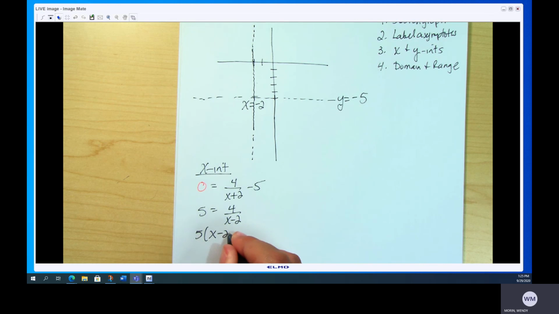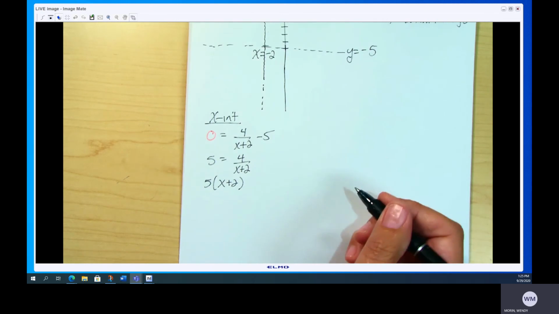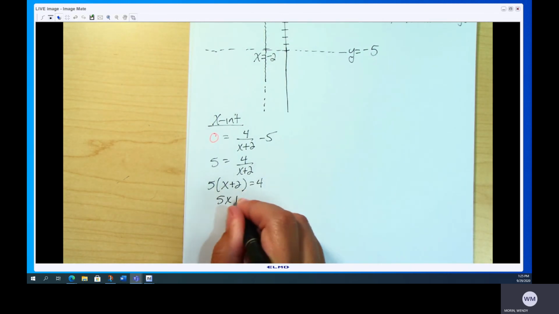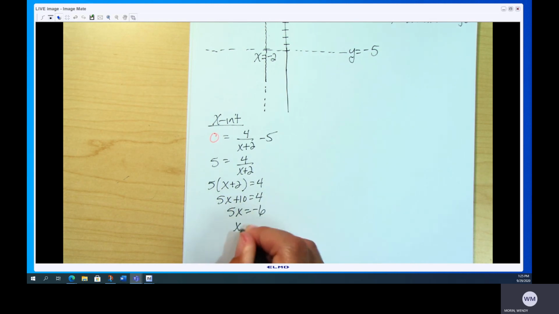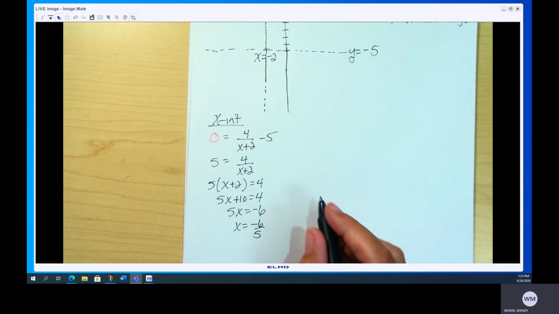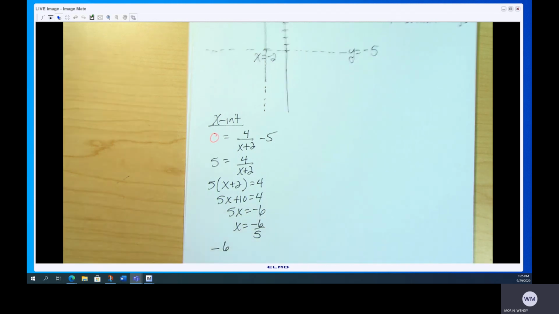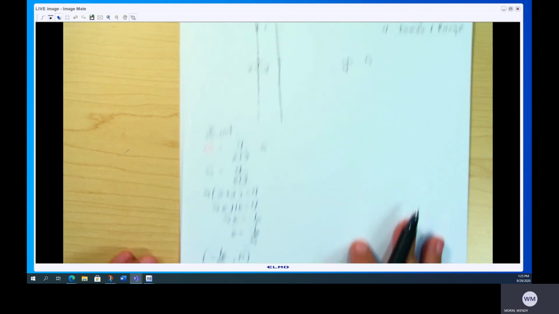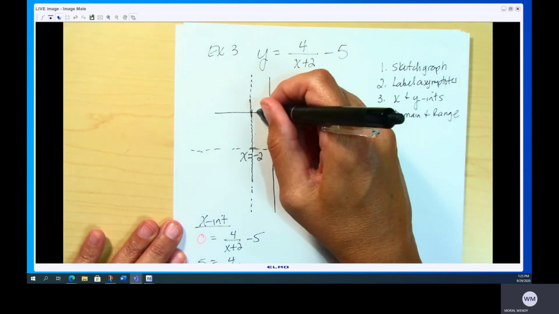Multiply by x plus 2. 5x plus 10 equals 4. 5x equals -6, so x equals -6/5. So that is (-6/5, 0). So that's just a little bit over 1. No, let's just say right around there.